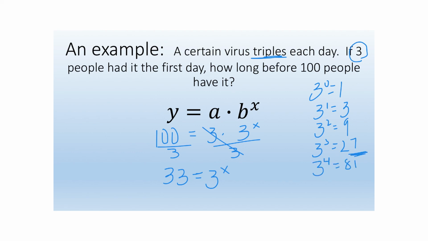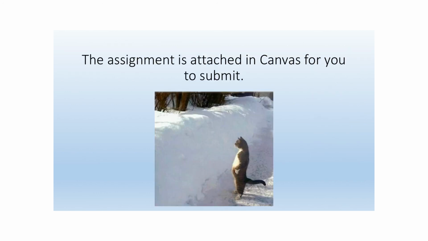So again, it's right in here somewhere. So we would go with the next larger one, which is 4. So it would take 4 days, because we're talking here about days. So to go from 3 people and 4 days later, 100 people. Kind of seems that the coronavirus is doing that.